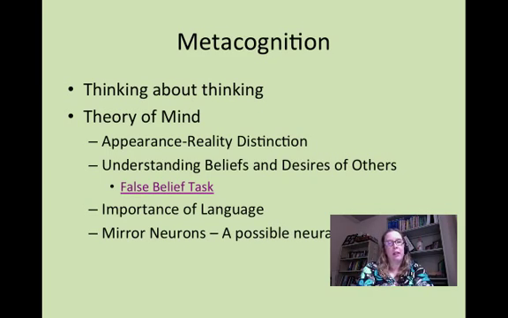An interesting, more recent discussion is of mirror neurons. It says 2006, 2011, so this is relatively recent: the discovery of a possible neural basis of something called a mirror neuron. Basically, mirror neurons are neurons that fire when individuals produce an action and when you observe someone else making that action. The neurons mirror the behavior of someone else.